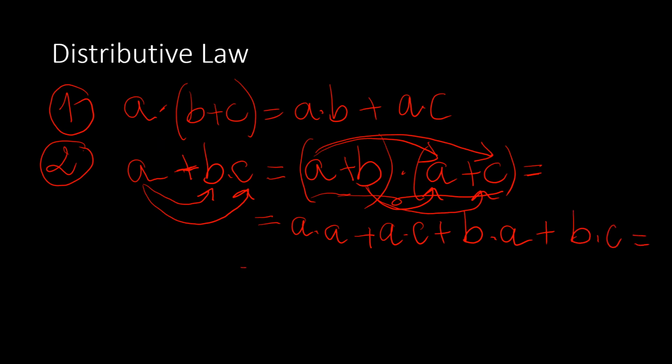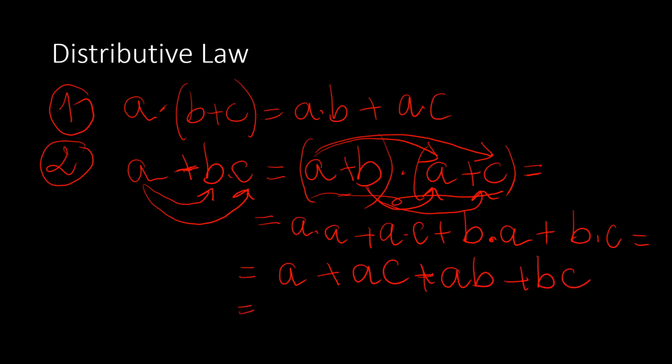This is equal to A and A is equal to A, as we did in the previous video, or A and C, or B and A. B ANDed with A is equal to A ANDed with B, because the AND operation is commutative. So I can write also A and B, or BC.